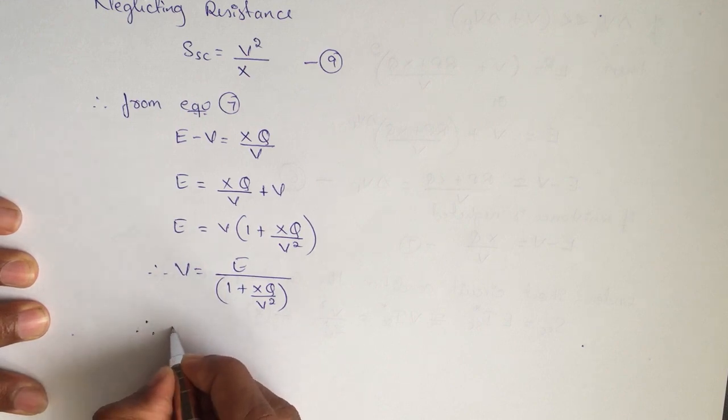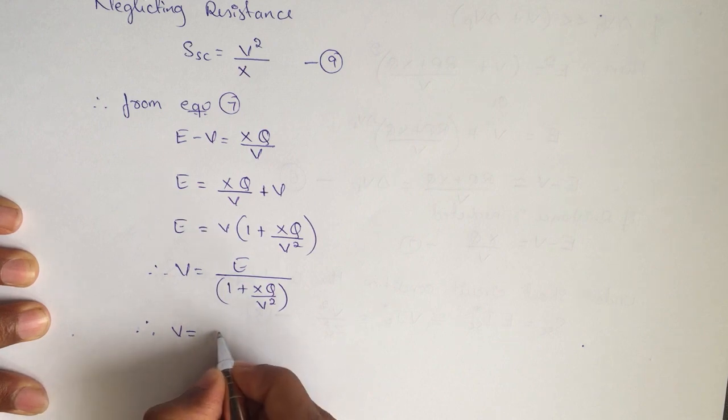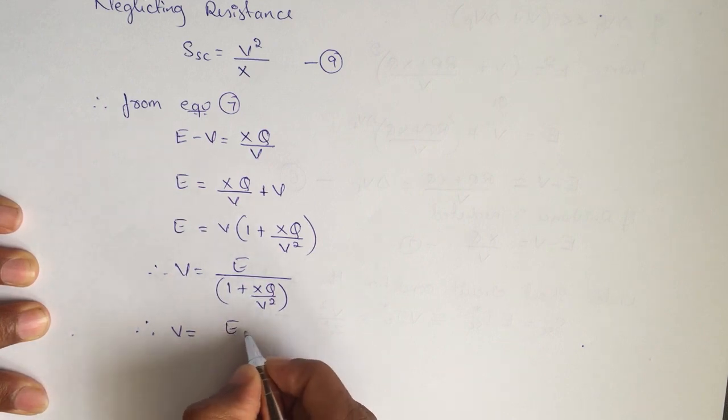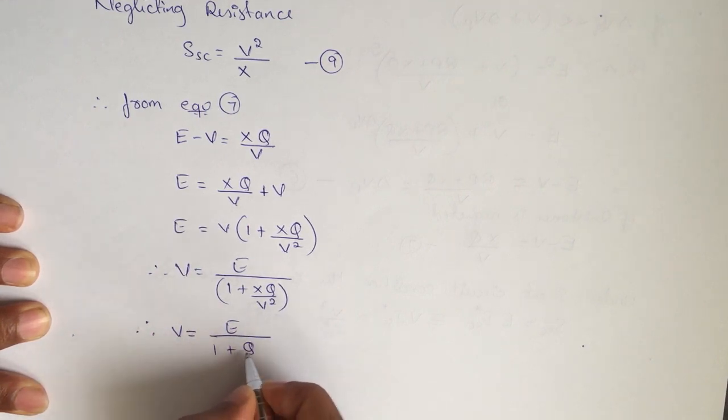Therefore V is equal to E divided by 1 plus Q divided by SSC.